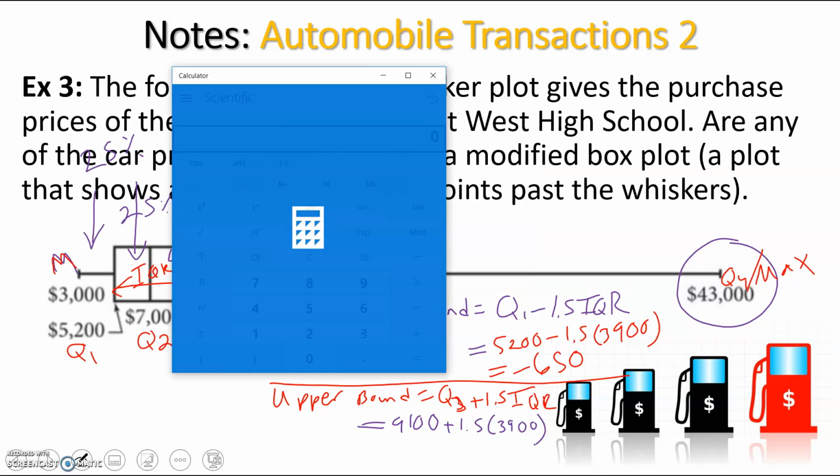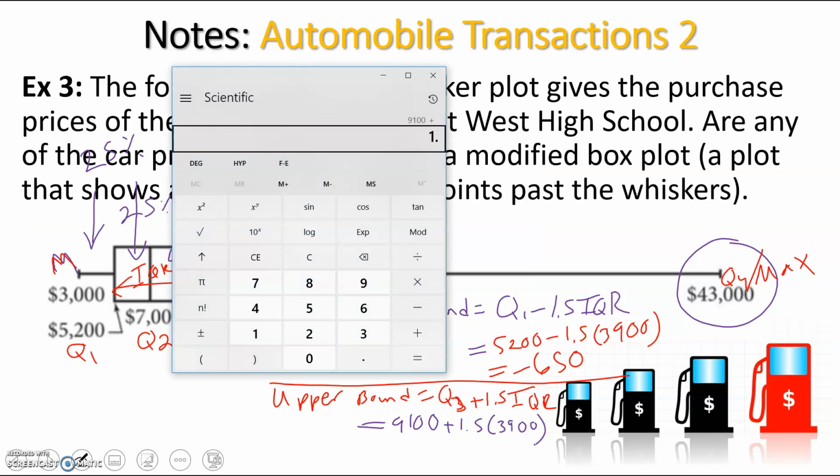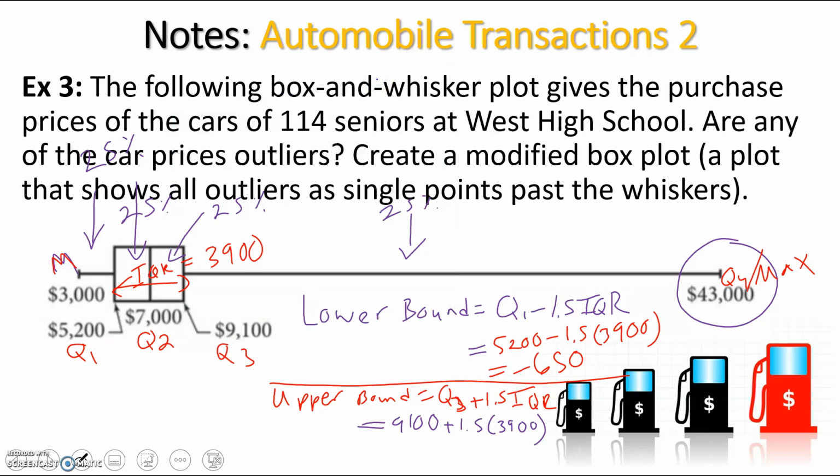Use our calculator. So 9,100 plus 1.5 times 3,900. That's 14,950. So 14,950. So that's considered our upper bound. So as long as the car price ranges between negative $650 and $14,950, it is not considered an outlier.